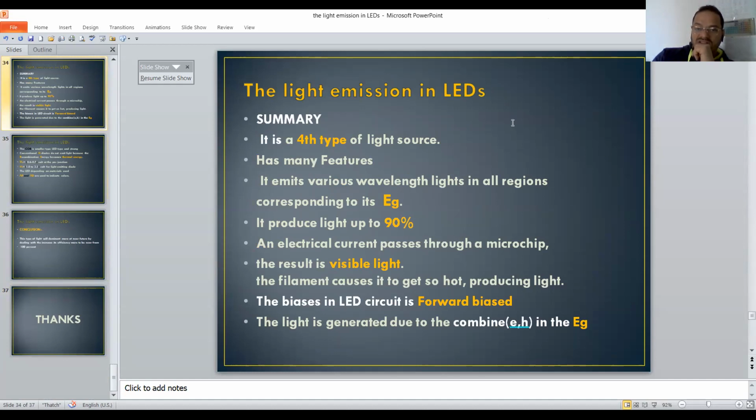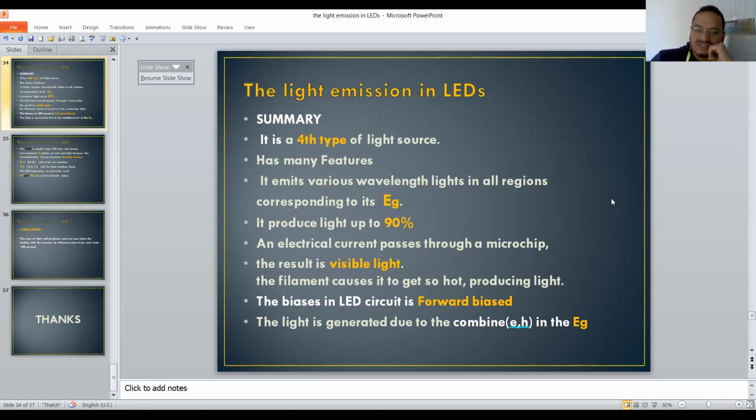It emits various wavelengths of light in all regions corresponding to the energy band gap, but we focused in this lecture on just the visible spectrum, to produce light up to 90-100%. That means great efficiency. An electric current passes through a microchip, and the result is visible light.